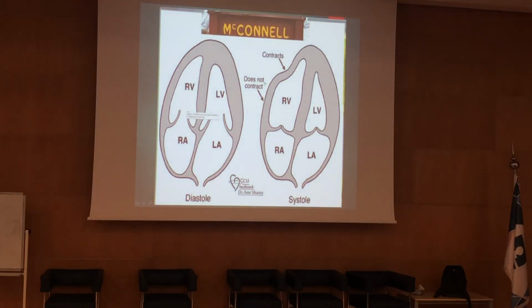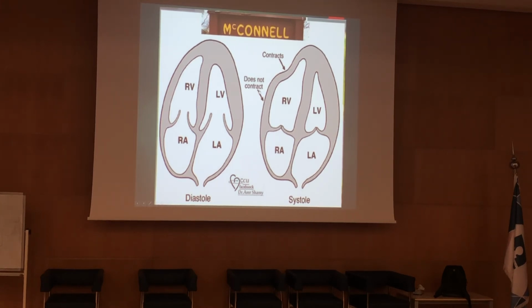So this is McConnell sign. It's like this happened in the right ventricle. The base of the right ventricle, this is called the base, will contract and the apex is not contracted. Usually those walls will contract in systole and relax in diastole.